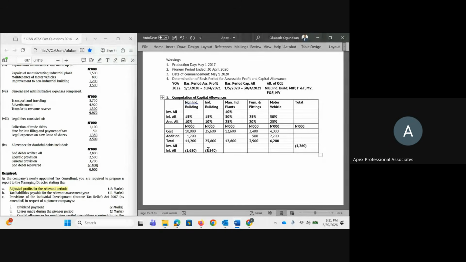Next one, 6,300. Motor vehicle 3,100. Furniture and fittings 975. What's the total number, please? 15,895.